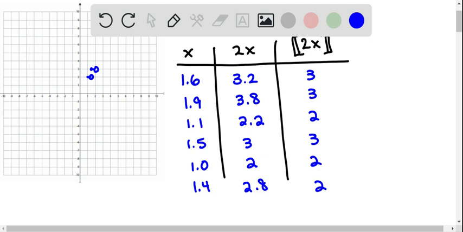Okay, what about numbers that fall between 0.5 and 1, like 0.7? If you double that, you get 1.4, and the greatest integer value is 1. So we're going to have these little steps which have half the width of the steps that we're used to from the regular greatest integer function.